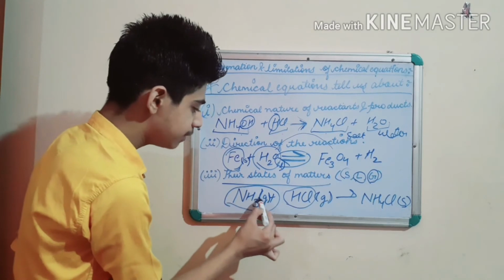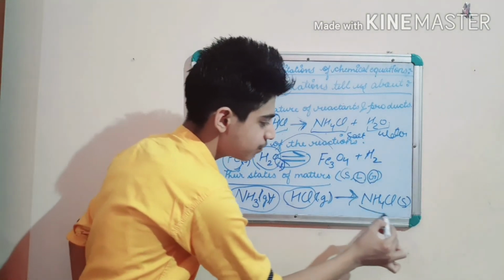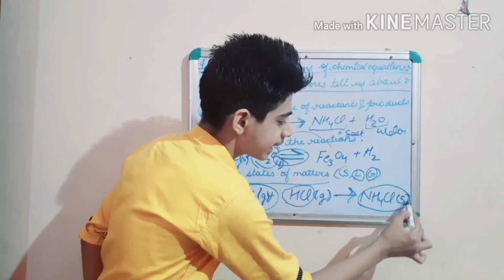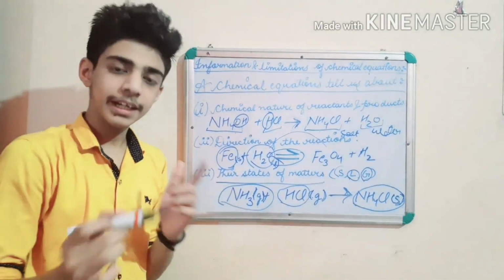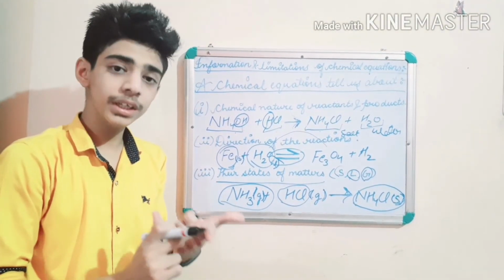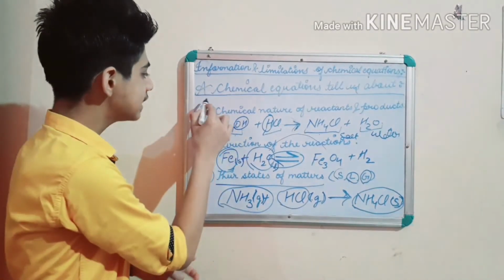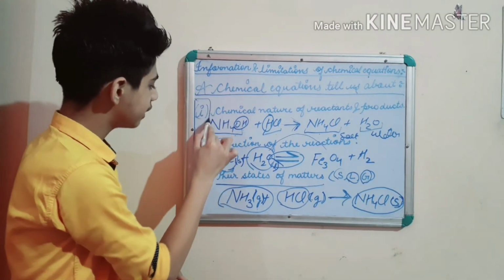If these both gases react together, it will give us NH4Cl in solid state, as is mentioned. So never think that if gases react, they will give only gas. It can give us solid or liquid. If solids react, they can give us liquid too and gaseous too. So these all 3 points are those which a chemical equation tells us.